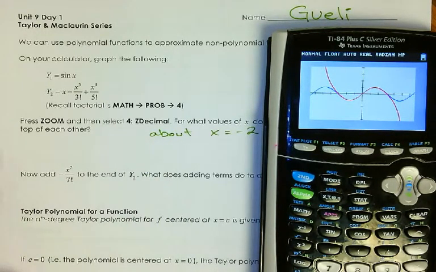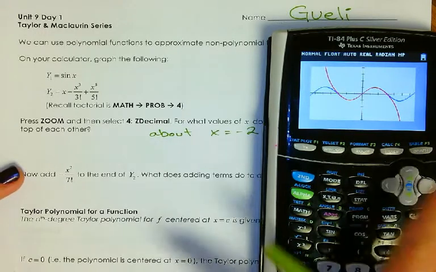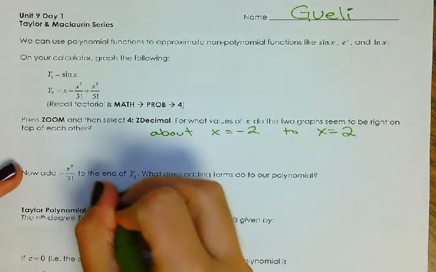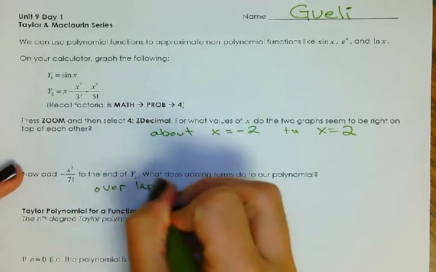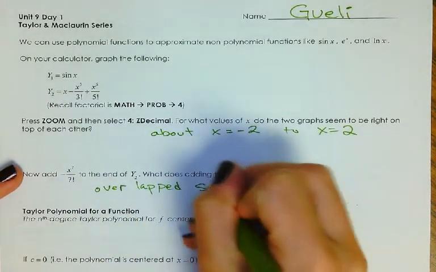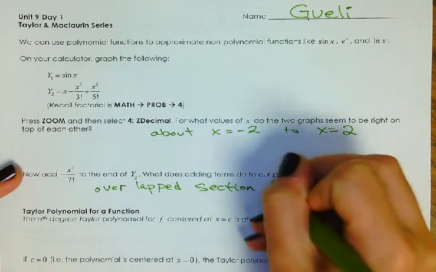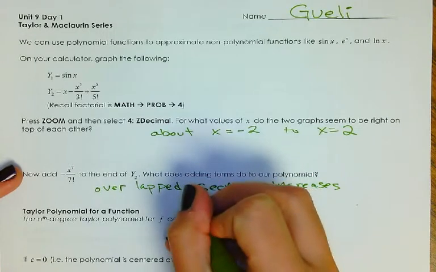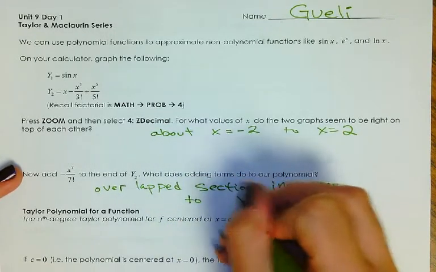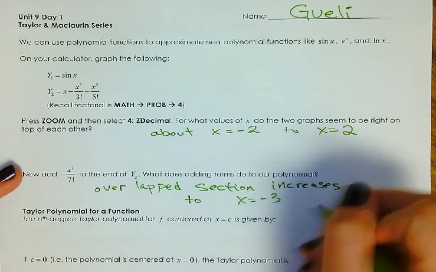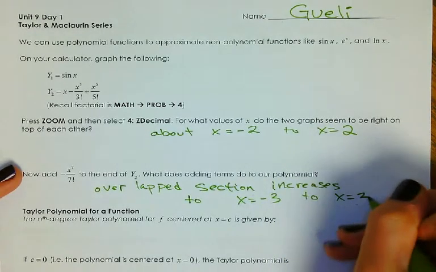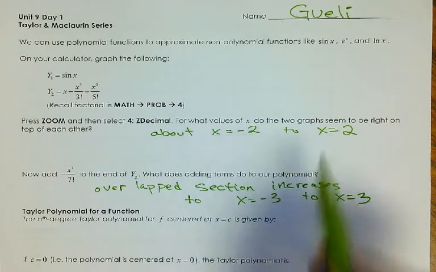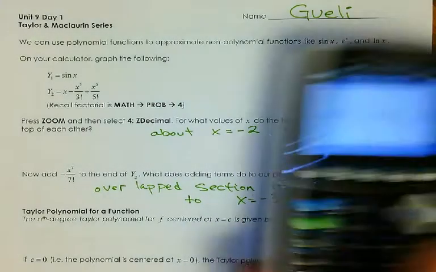Instead of being from -2 to 2, the overlapped section increases to about x equals -3 to x equals 3. So now I'm overlapping for 6 units instead of just 4 units.